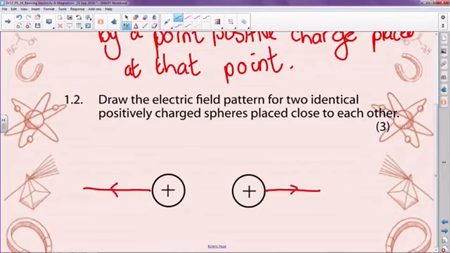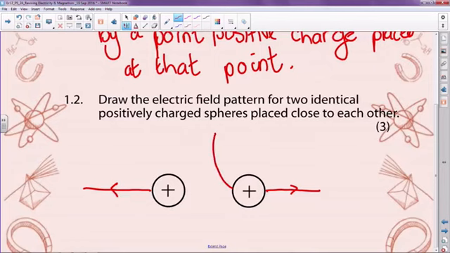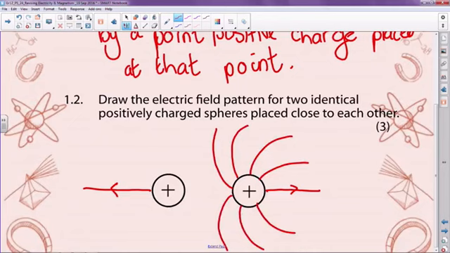Now, what's going to happen here is normally we would have another horizontal line that would go between them, but we can't because they're not going to touch. So now the field lines do that, and it's almost like we're going to draw a spider. The next part is really important because we have two identical charges. That means the number of lines drawn on the right-hand one must be the same as the number of lines drawn on the left-hand one.